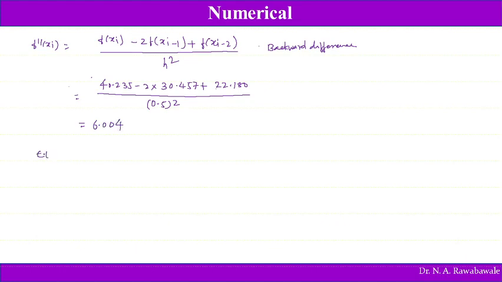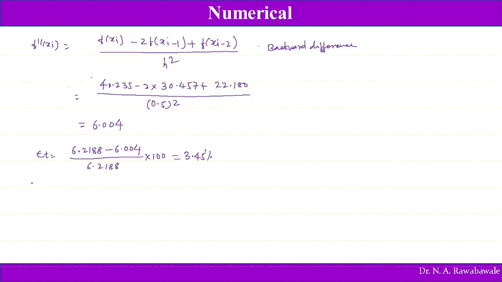So we can find the error as 6.2188 minus 6.004 divided by 6.2188, into 100. The error is going to be 3.45%. In the previous case the error was 3.04, but in this case it is higher.